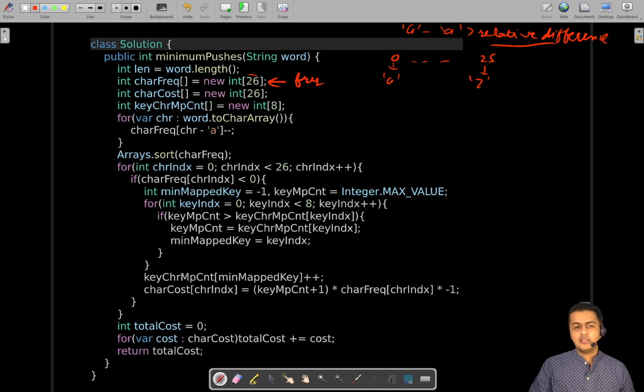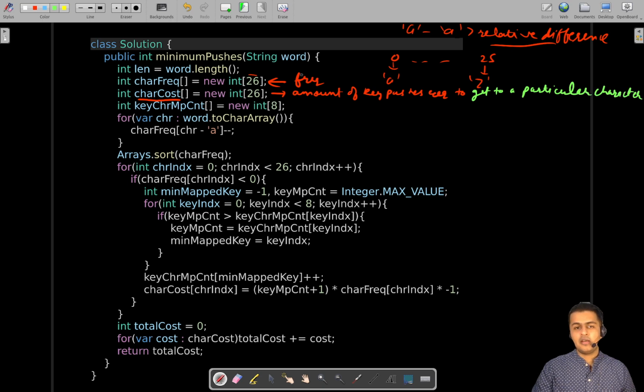Then there will be one array which is character cost, the amount of key pushes required to get to a particular character.